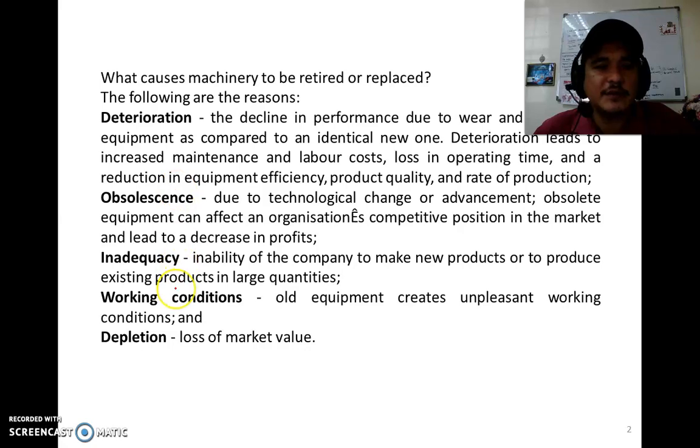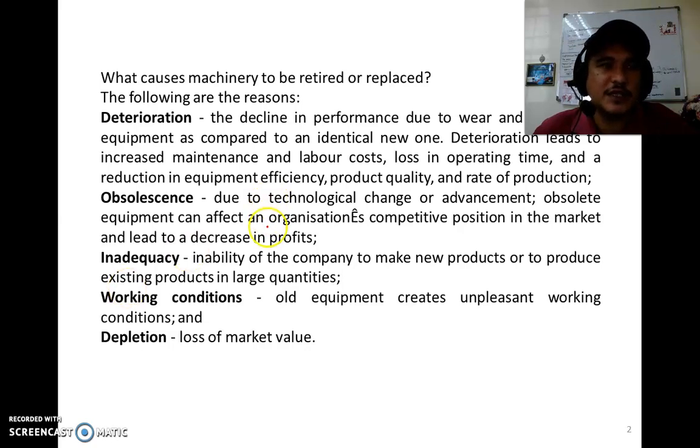Sometimes there is inadequacy, the inability of the company to make a new product. Another factor is working condition: the old equipment creates unpleasant working conditions. And depletion, which is loss of market value. When this situation happens, we will do some analysis for machine replacement.